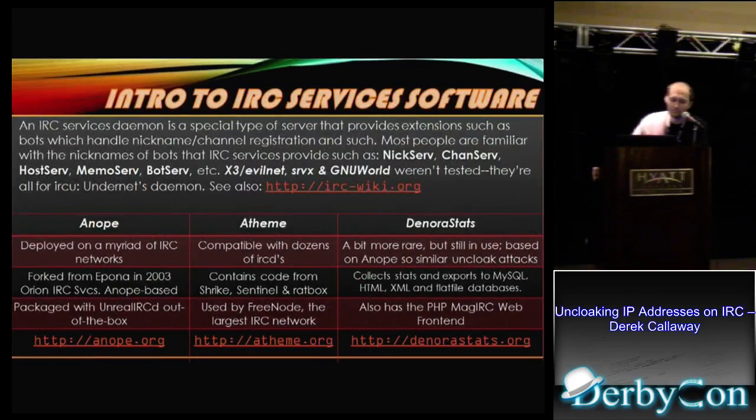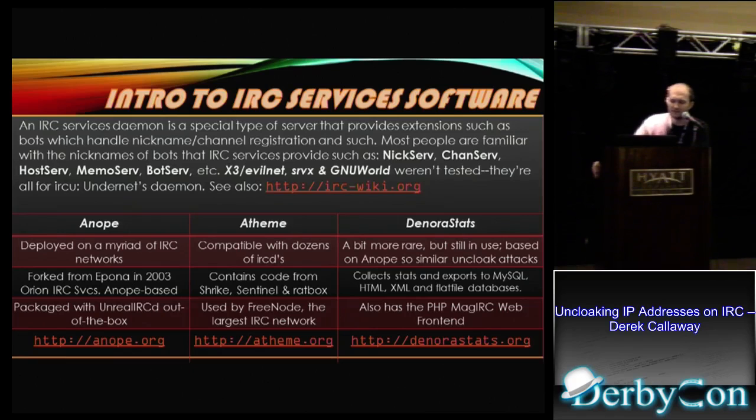Anope was forked from Epona in 2003, if anybody's familiar with that. And then Atheme is what Freenode uses, and Freenode's the largest IRC network in existence. It overtook IRCnet, which really surprised me.